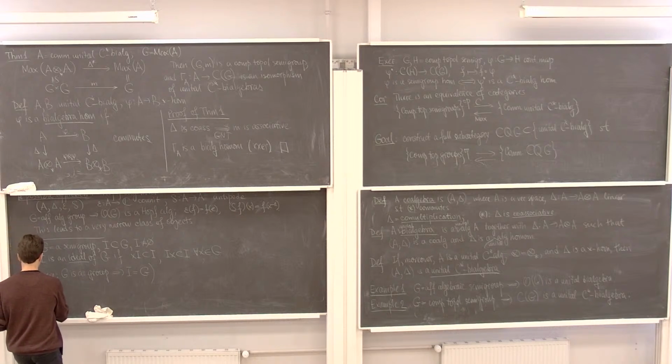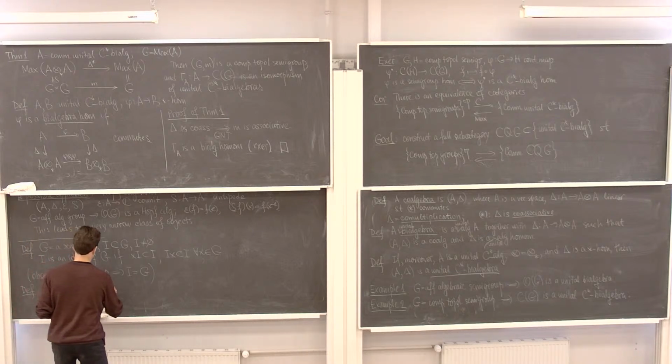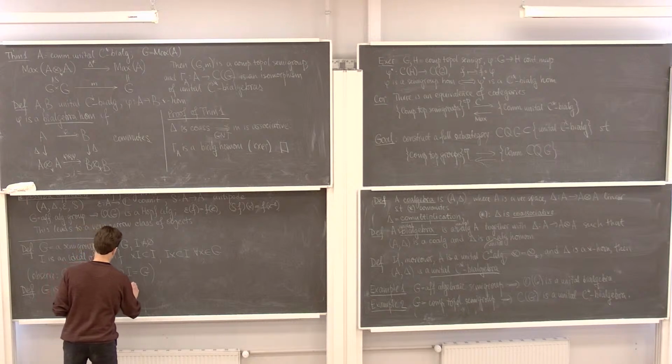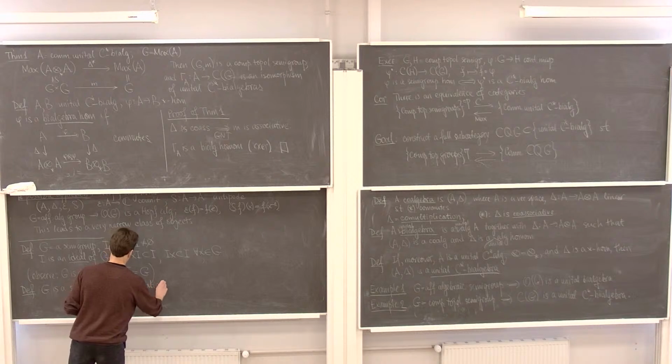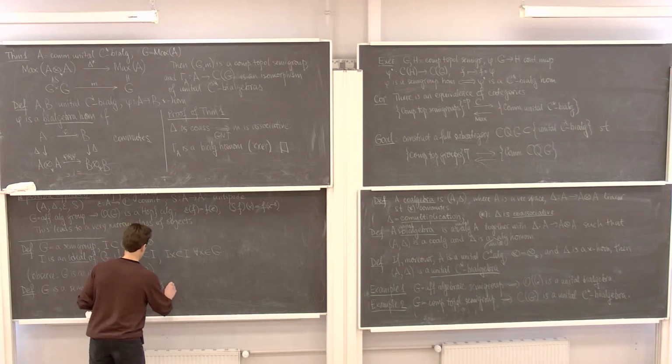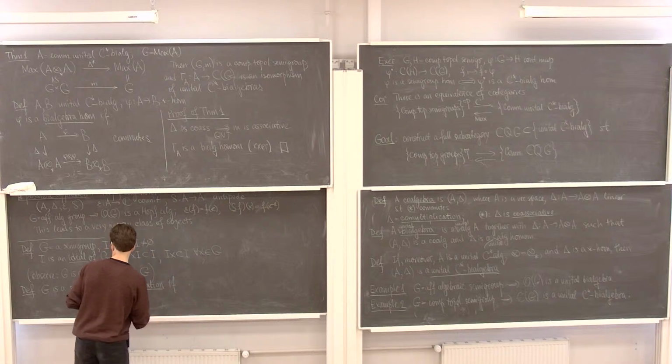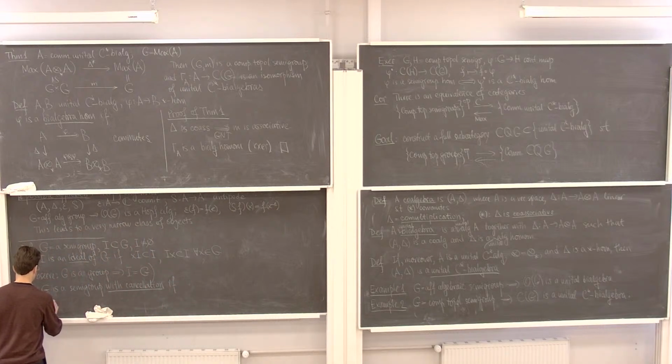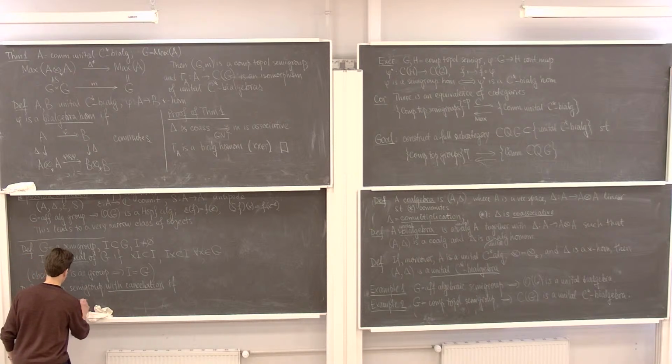We say that G is a semigroup with cancellation if it satisfies the following condition: every equality of the following form can be simplified by canceling i on the right. x1 i equals x2 i implies that x1 equals x2.